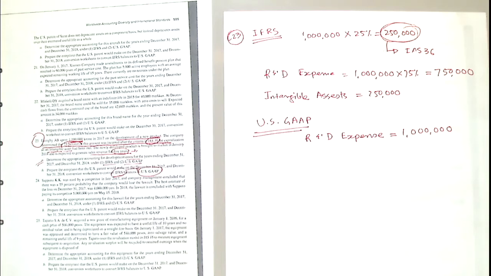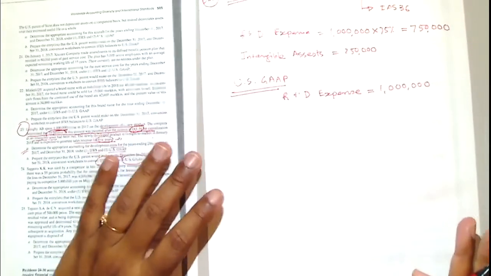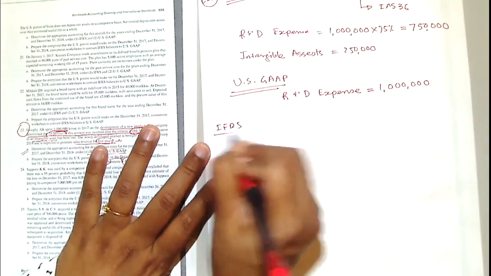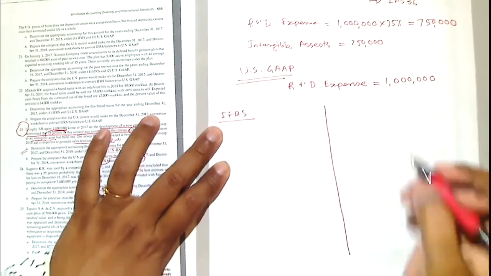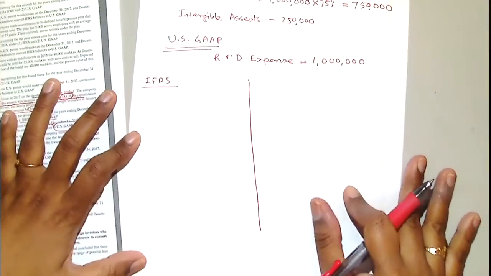Now, can we do very quickly the journal entry? First, let's do the basic entry, then we'll do the conversion entry. So here, I'm trying to fit it here, IFRS journal entries and US GAAP journal entries. Let's do it here.